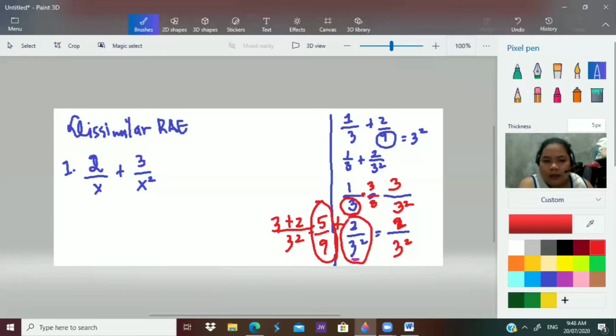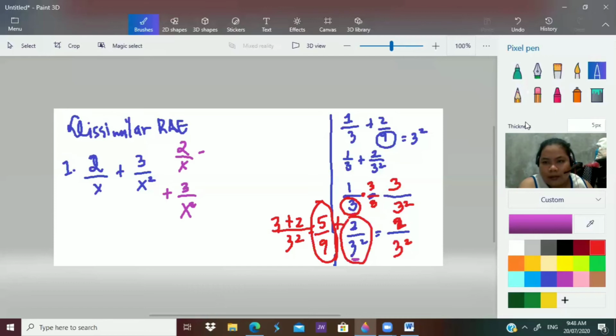Okay. Dalhin natin ngayon yung example na ito sa konteksto ng number 1. Una, gagawin natin silang similar fractions.